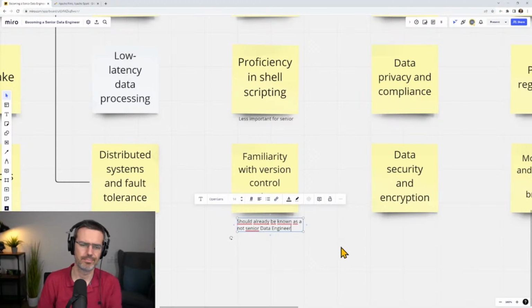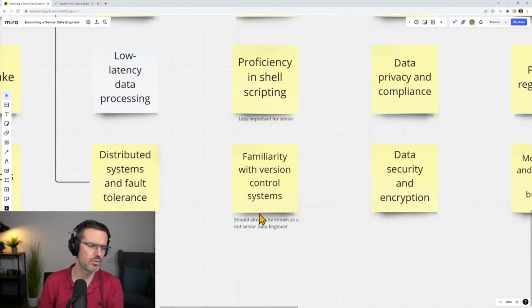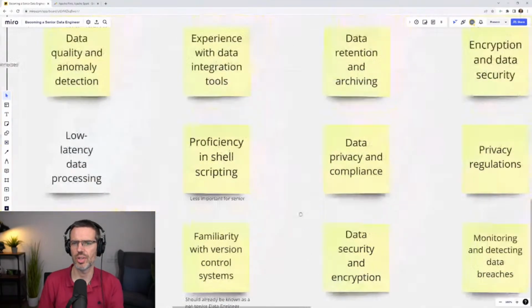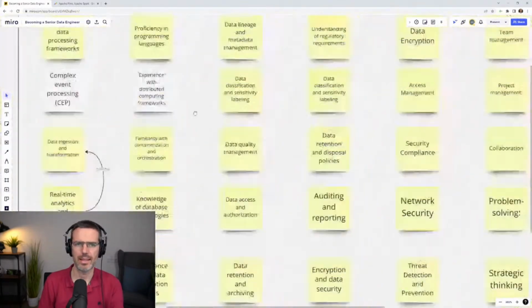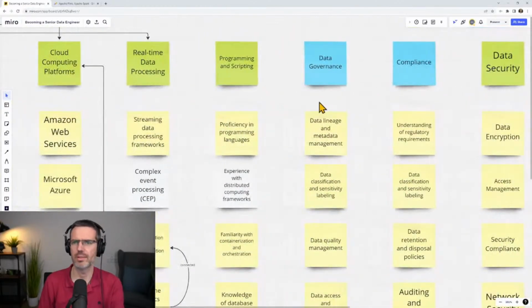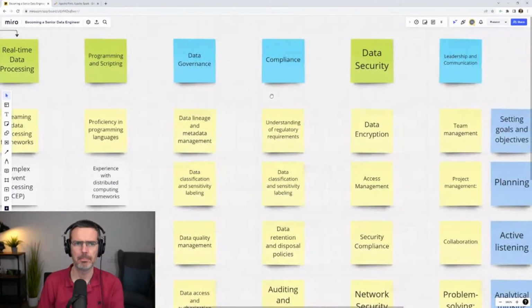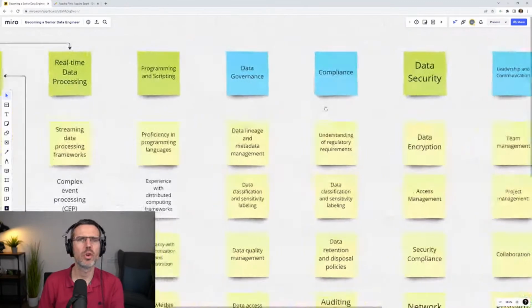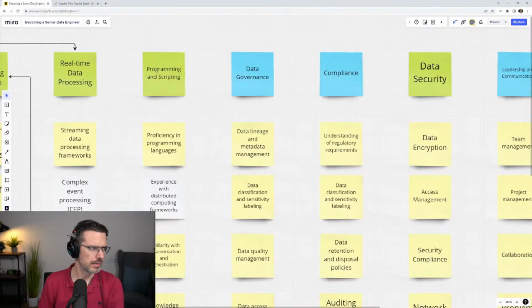I mean, I don't think a senior data engineer has any more knowledge than a data engineer in there. So, and with that, we're already basically almost through the coding part, right?